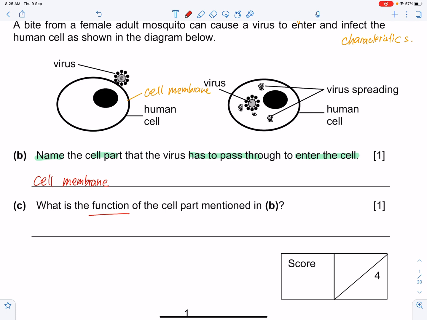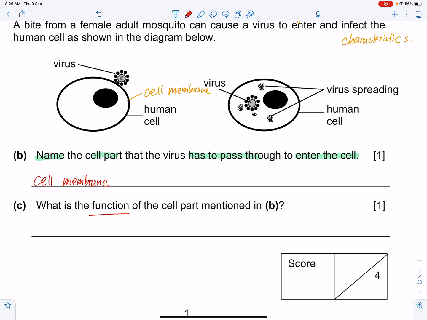That's the first thing. And the second thing I want to caution all of you, your English, the way you phrase is very important. Some of you said that the cell membrane controls the substances that enter the cell. That is different from the cell membrane controls substances moving in and out of the cell.